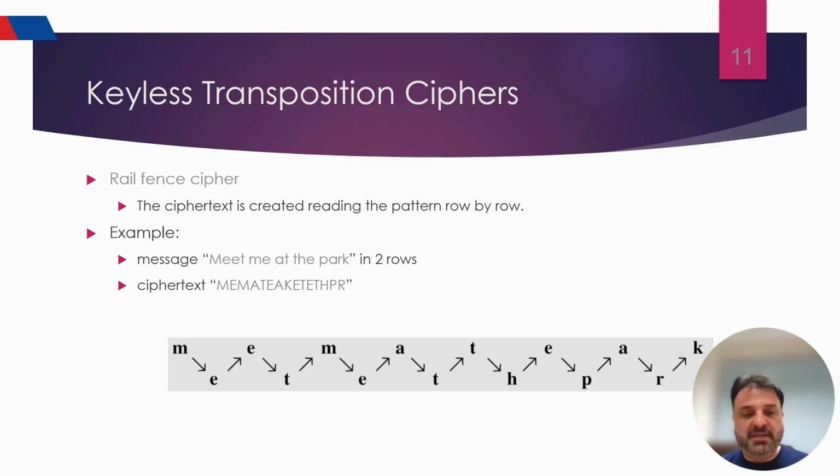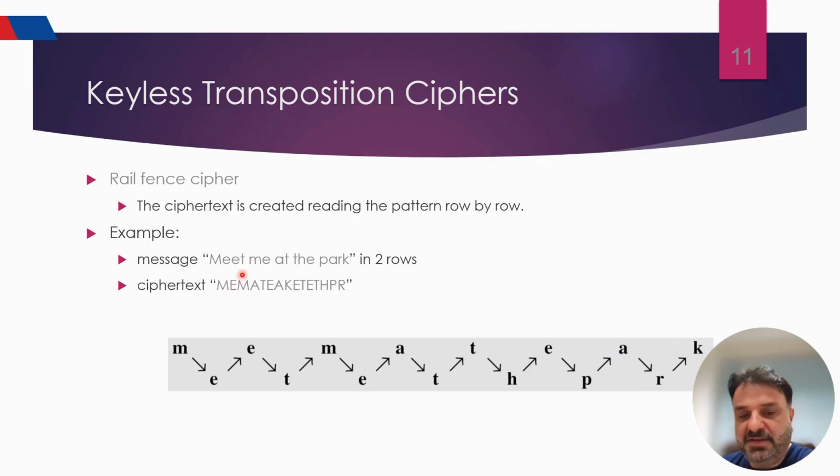In this case, we have some message that we want to encrypt. In the rail fence cipher, we use, for example, 2 rows, 3 rows, or n rows. These rows we can assume as a secret key. As you can see here, we write it in 2 rows: meet me at the park.